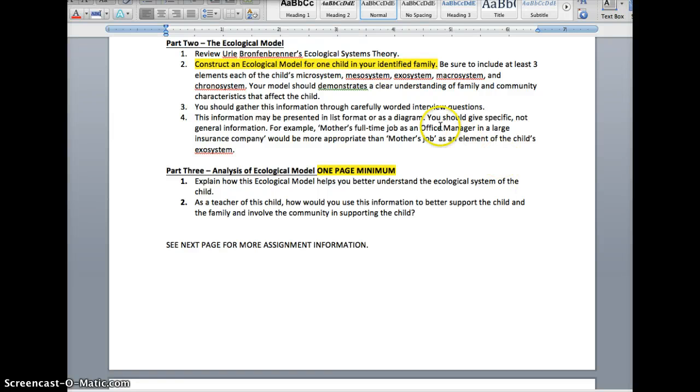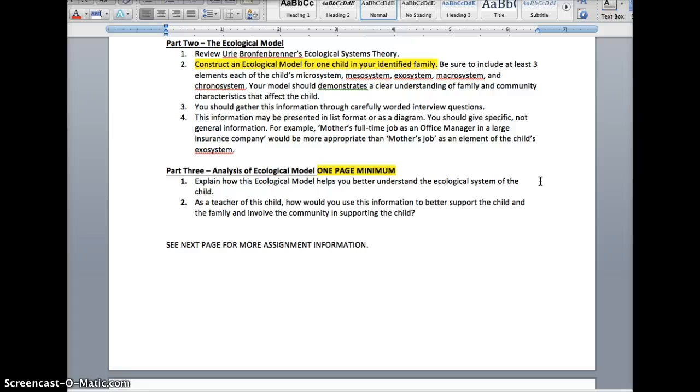And so what you want to do is look back over this model at all of these different systems that affect the child and explain how this model helps you better understand the ecological system of the child. What are you learning about this child's world based on that? So, for example, the mesosystem, again, is the relationship between elements of the microsystem.